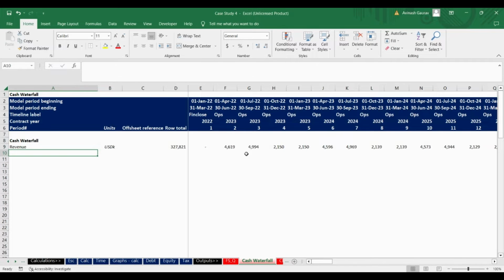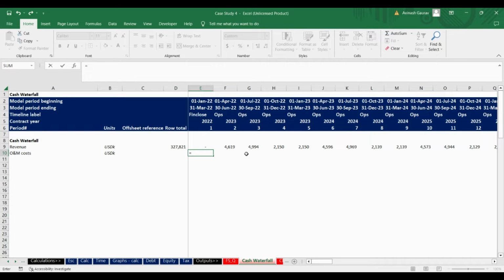Now, after revenue, I need to look out for the expenses. What are the expenses which I am supposed to pay? Now, in this particular example, I am only supposed to pay for the O&M costs. There are no other costs associated with it. So the only expense that remains is O&M costs, right?